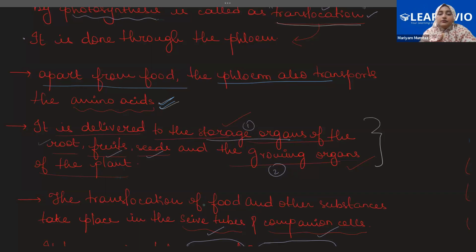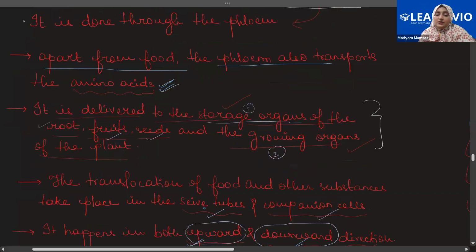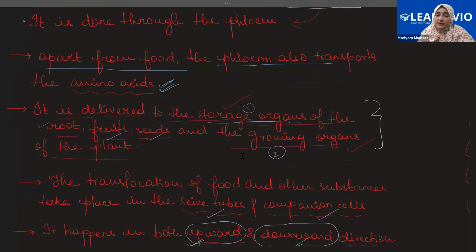Now, source and sink are the two things that we must remember. Source is from where it is prepared or it starts, and sink is where it is transported to. Just like we said that storage organs and growing organs are the sinks of the plant. Meaning they require the nutrition over there, because of which the phloem transports it.